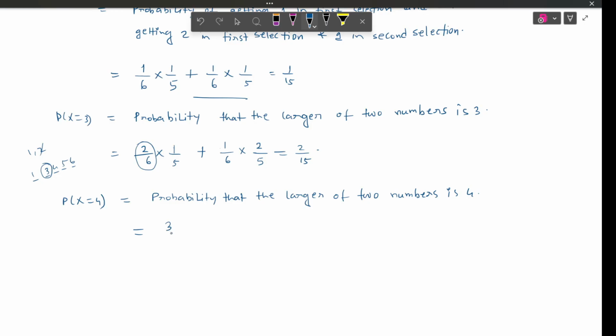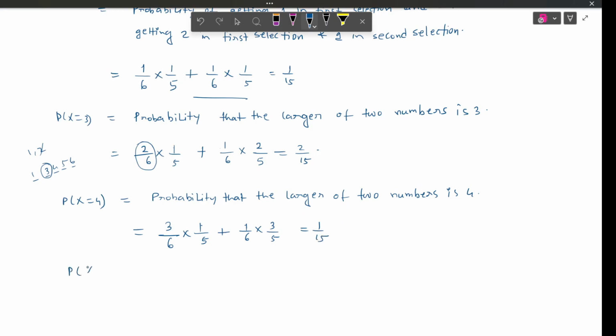So you can take any one of the numbers from 1 to 3 out of 6, and in the second row you get 4, since the larger of the two numbers is 4. So that is 1 out of 5. Similarly, the second case would be, you get 4 in the first row and you get less than 4, that is 1, 2 and 3, in the second row, that is 3 out of 5. So it would be 1 upon 15.